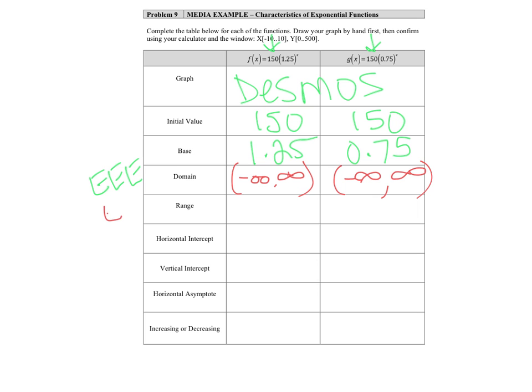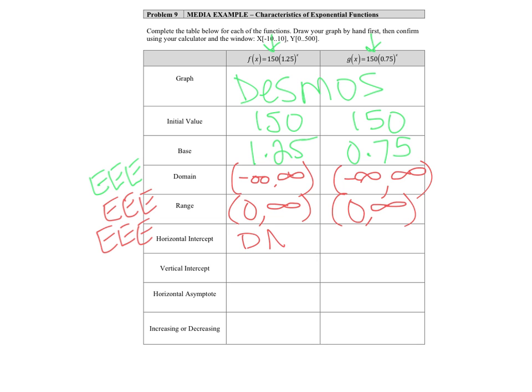Range for every exponential function ever is always from 0 to infinity. That's just going to be stuff we want to memorize. The horizontal intercept for every exponential function ever does not exist. It will never cross the x-axis. Now, the vertical intercept does exist.